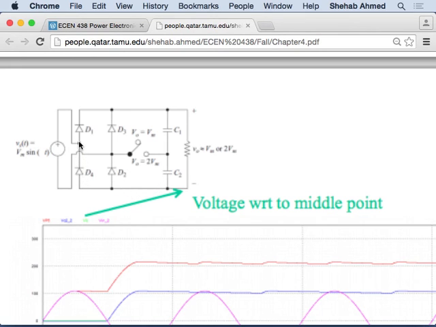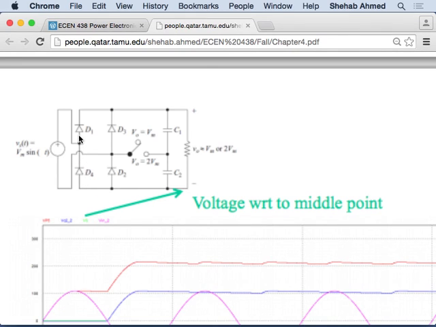Initially, current goes through D1 in the positive half cycle, charges my capacitor, also feeds the load, and then current goes back through my supply terminal because I've closed the switch. Negative half cycle: current flows out of this terminal, charges C2, and then goes back through D4.